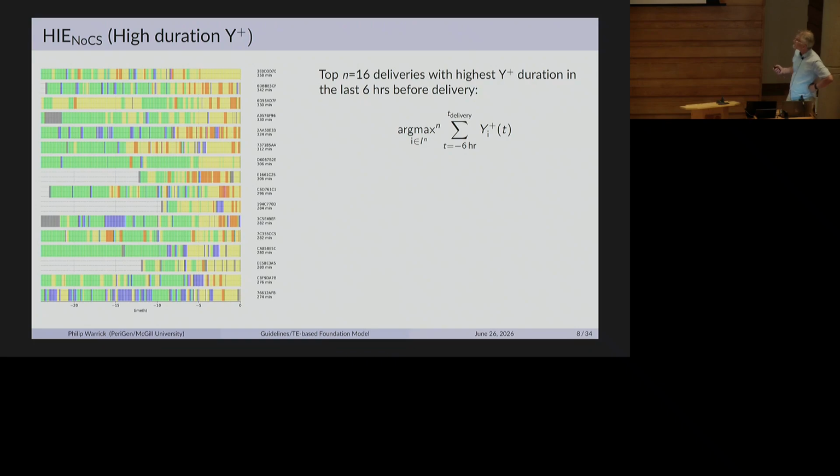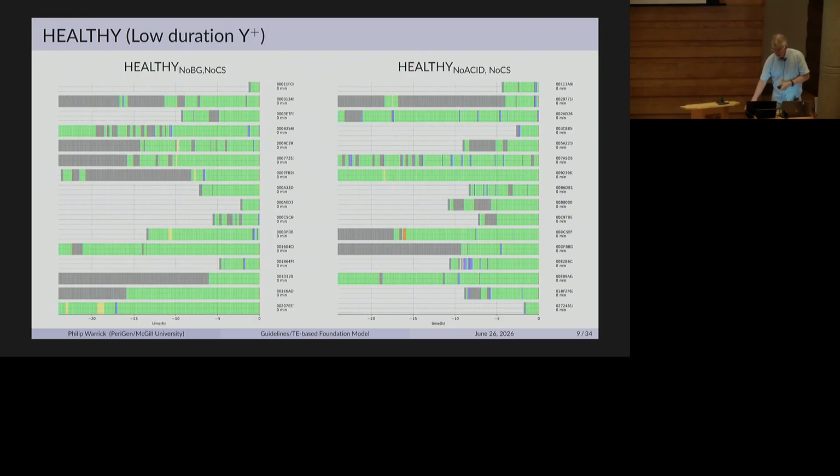But this is ranked according to the amount of yellow plus in the last 6 hours, and we're able to see some correlation with the higher yellow and orange. Red doesn't figure very significantly as it's so rare.